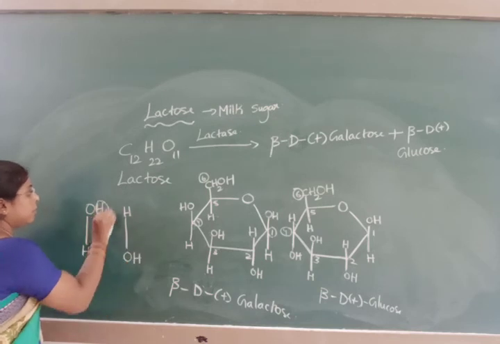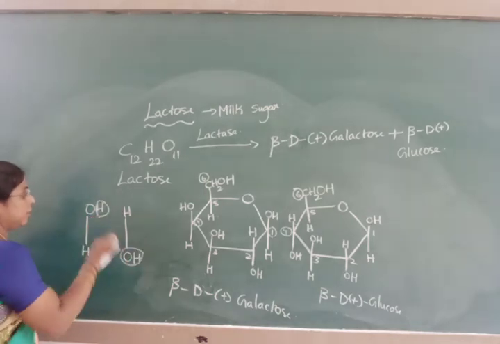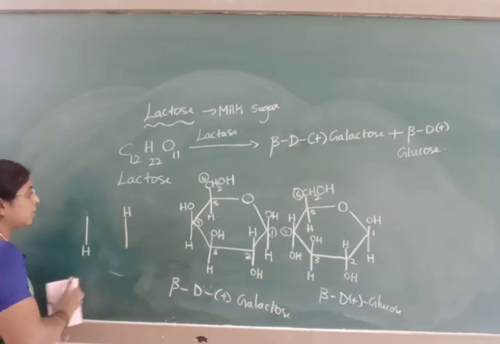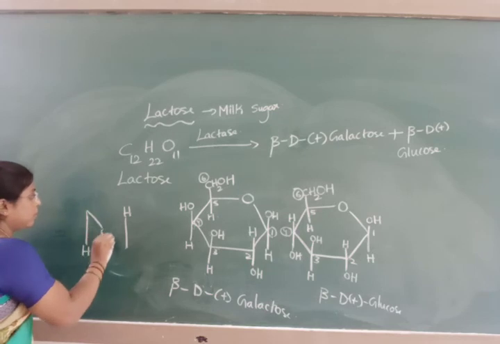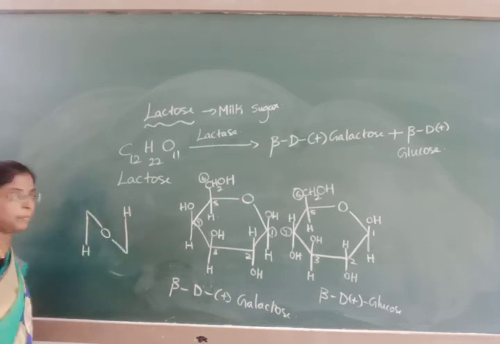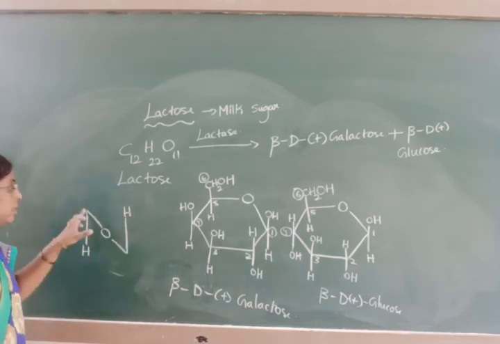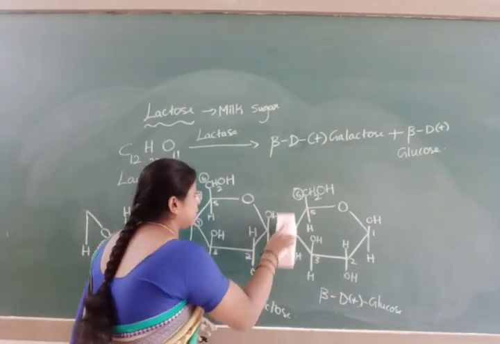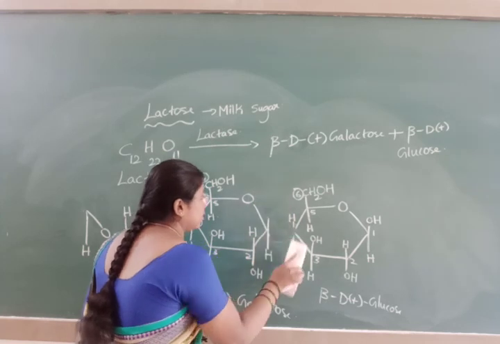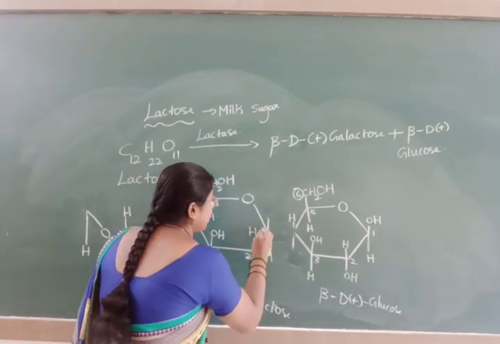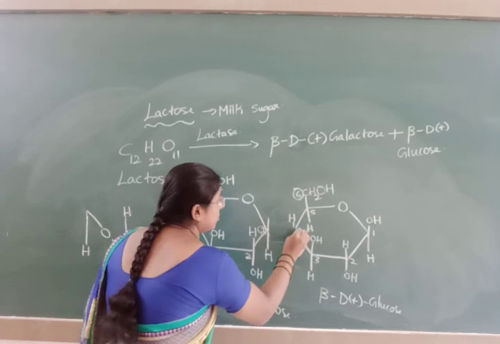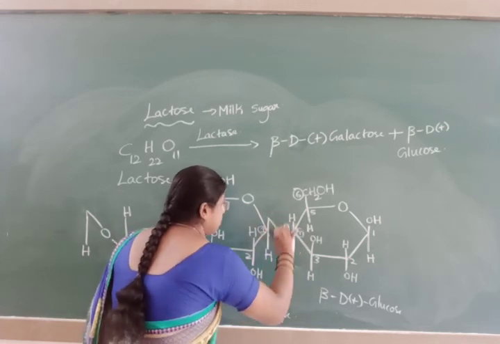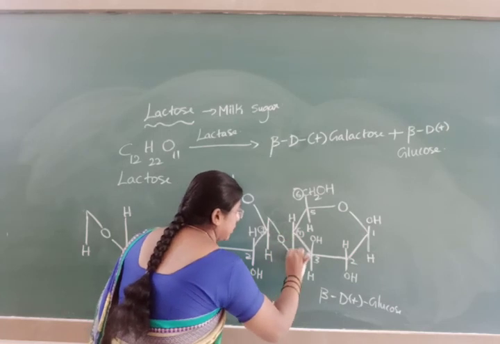There is elimination of a water molecule. One oxygen remains here and it forms the glycosidic linkage. In this way the linkage takes place between C1 and C4, the C1 carbon atom of galactose with the C4 carbon atom of glucose. The beta glycosidic linkage takes place.